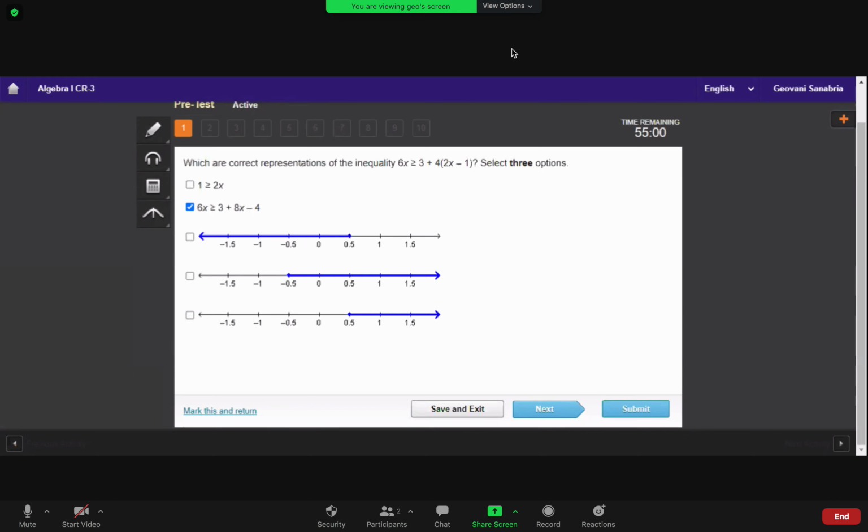So then now I can combine the other two like terms? Yeah, the x's. We have the negative 1 on the right side of the inequality symbol, so we have to move the 8x to the left side. You have to do the opposite, so you subtract 8x from both sides.